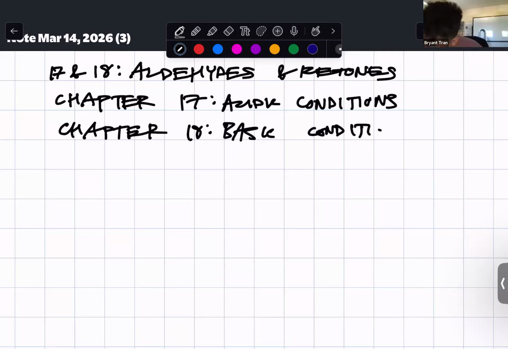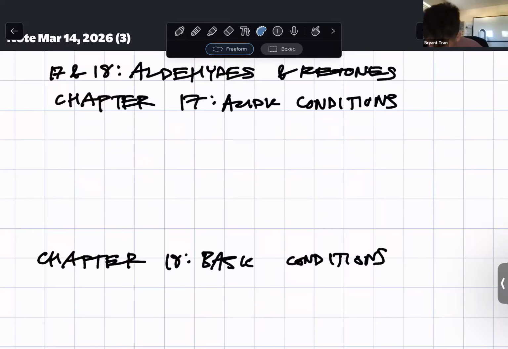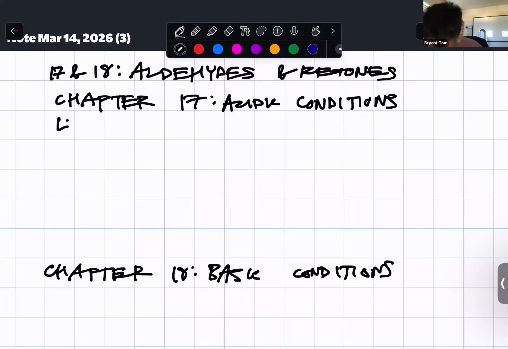For chapter 17, there is a main type of mechanism that you need to know, which is nucleophilic addition. And you have to know these specific functional groups right here.